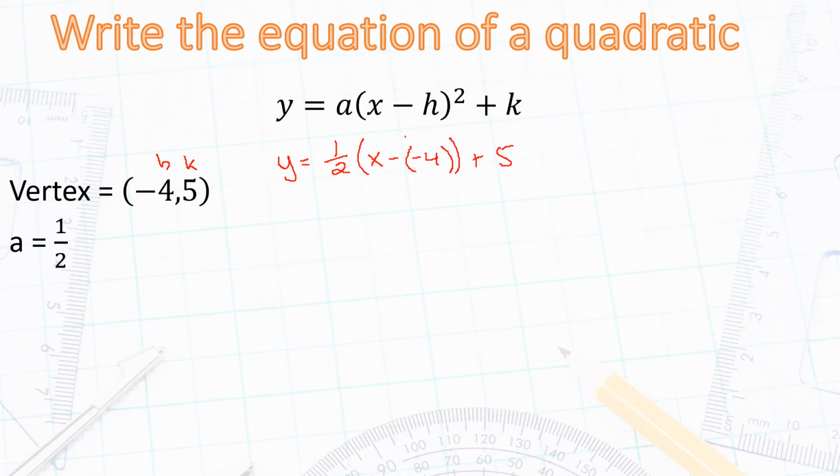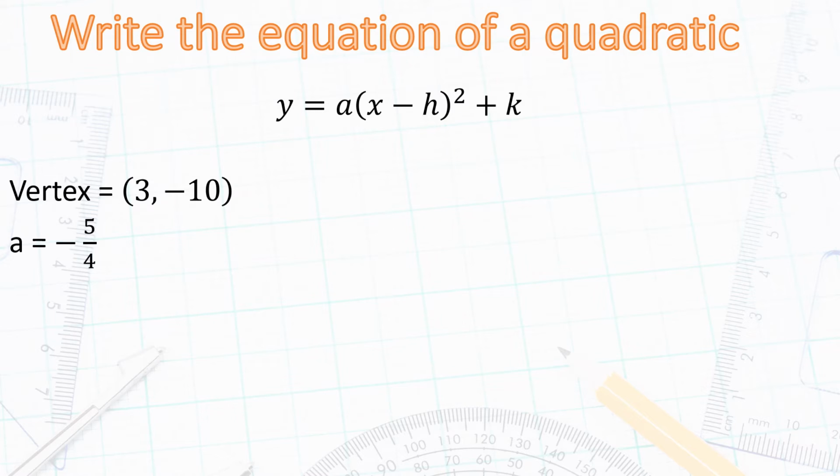And that double negative is the sneaky one. It's always going to change the sign of whatever your h value is. So this is actually x plus 4 squared plus 5. So sub in, if you're given a, put it in. If you're given h and k, put them in. You're not going to see one like this too often. Normally we're going to have to solve for the a value, but it's a good place to start. And definitely watch out for that negative h.